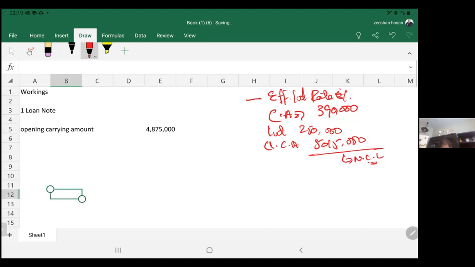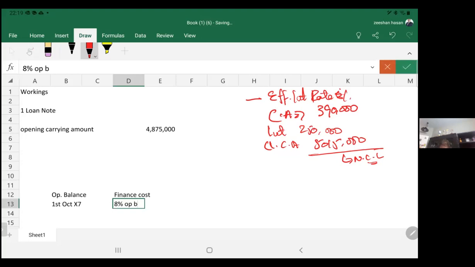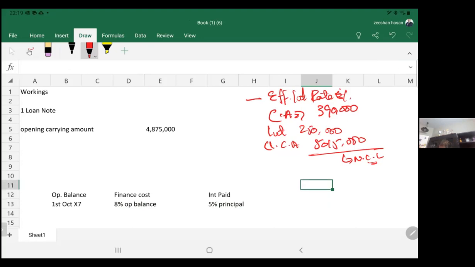Now you might be wondering how it will happen. So let me explain. Opening balance 1st October X7, finance cost 8% of the opening balance, interest paid 5% of the principal, closing balance 30th September X8.